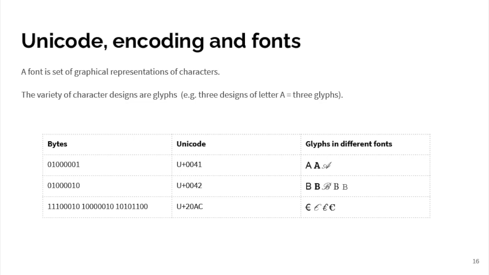The bottom row here shows that at some point we run out of binary numbers in a single byte, and so we need to use multiple bytes to represent a character. So the euro symbol was added later in the Unicode table, and so it needs multiple bytes to be represented. This image is a part of the Unicode table.